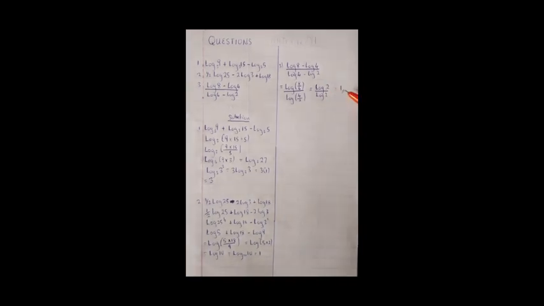So we'll be having log 8 divided by 4 over log 4 divided by 2. 8 divided by 4 is 2, 4 divided by 2 is 2, so we'll be having log 2 divided by log 2. So log 2 divided by log 2 is what? Equal to 1. So log 2 here will cancel, log 2 here will cancel, and we have just 1. So 1 here is our final answer.